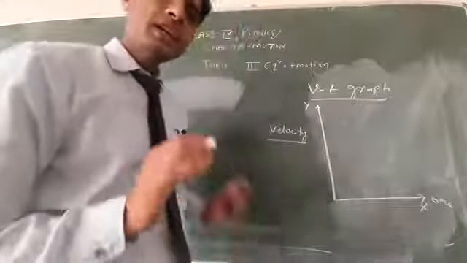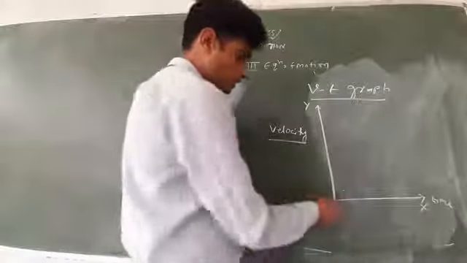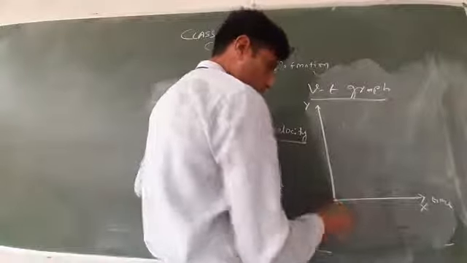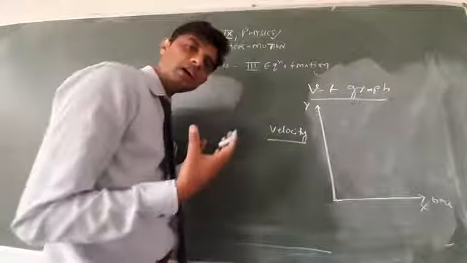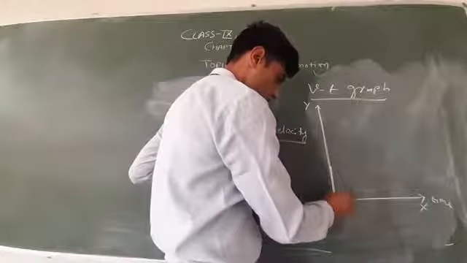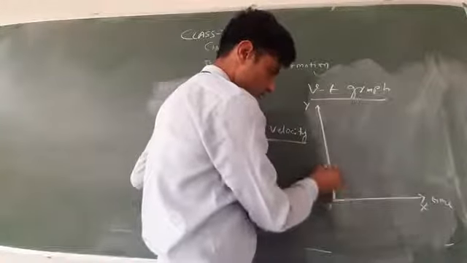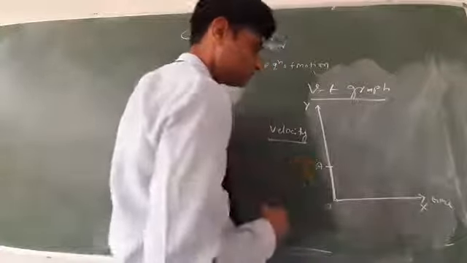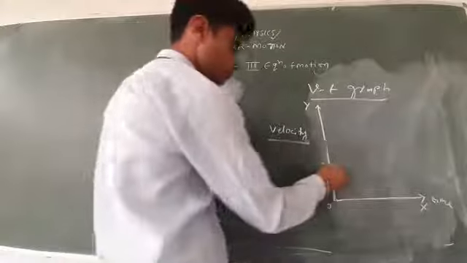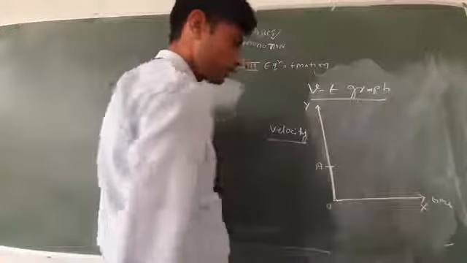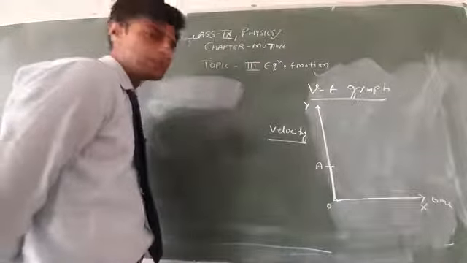If the object is at rest, you start from the origin, but to take some initial value, let your object be moving with initial velocity u. So the value of OA represents the initial value.